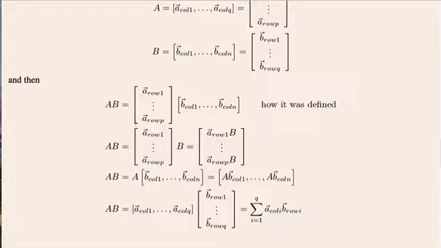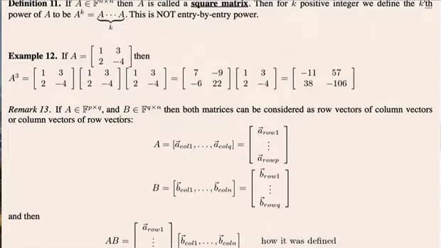And note that this is a p row and 1 column multiplied by 1 row and n column. So the result is p by n, and it's supposed to be p by n matrix, the product matrix.